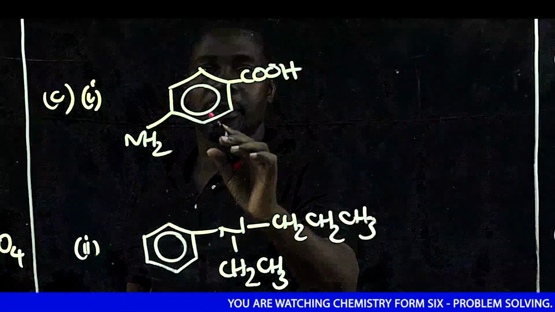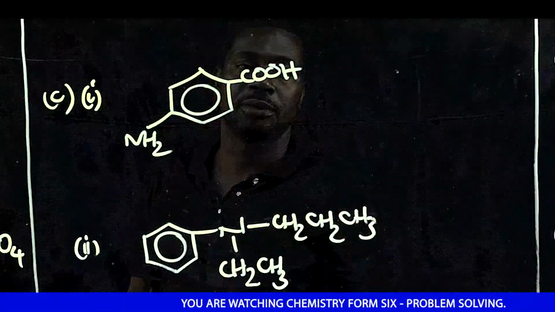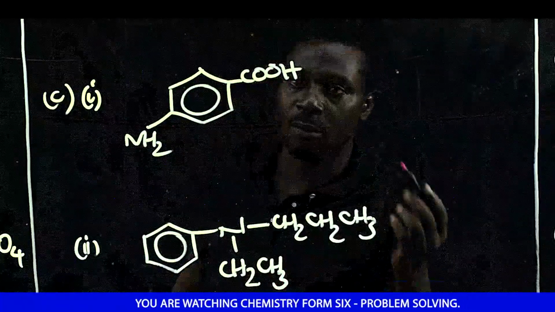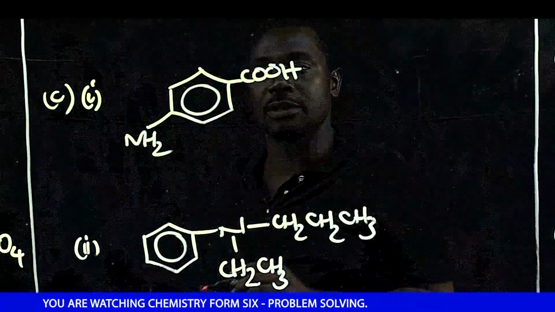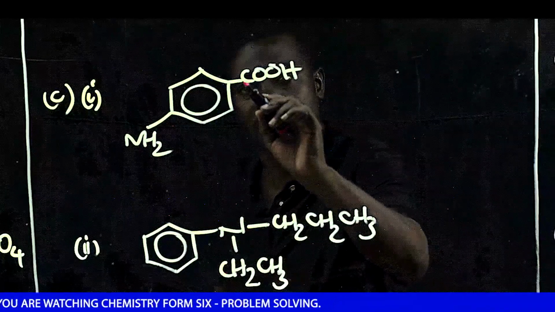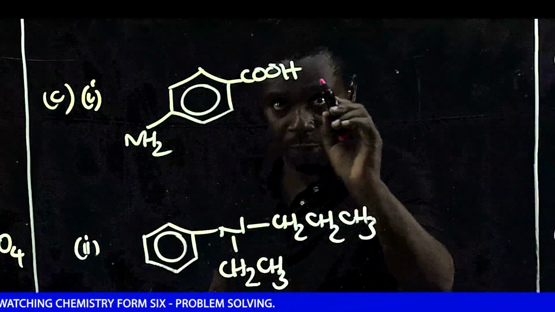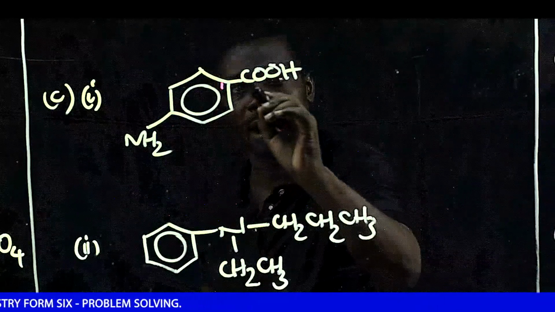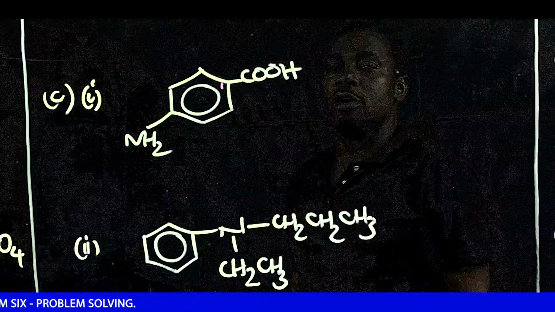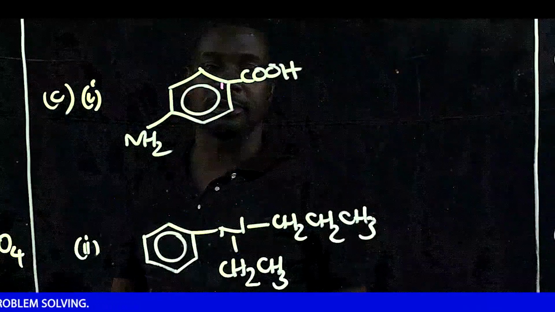So for this, there are two substituent groups. Here, the more dominant group, which has higher preference, is carboxyl. So if this group is of more preference, carbon number 1 should be this carbon which has the more dominant group of high preference.